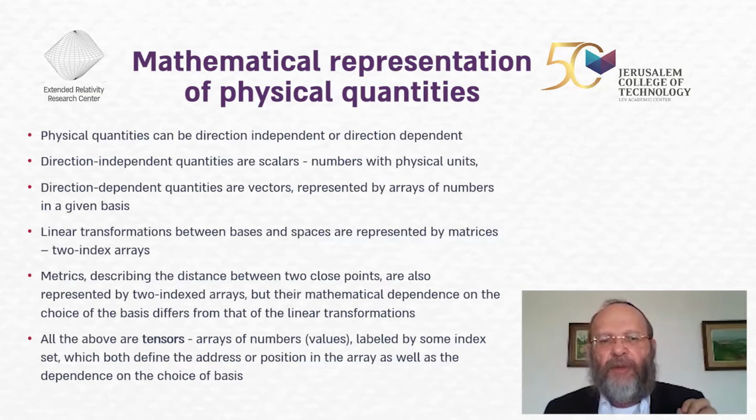The indexation has to be done in such a way that if you know the array in one basis, I have to be able to say how it looks in another basis. If I don't know, that means I didn't describe the physical object. It can be expressed in different bases, and I have to be able to identify that both arrays describe the same object.